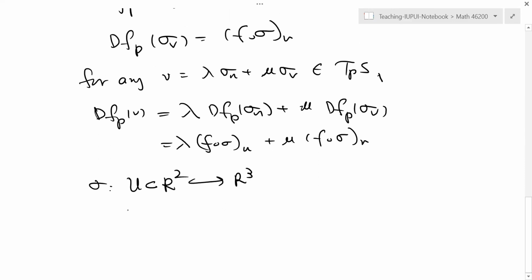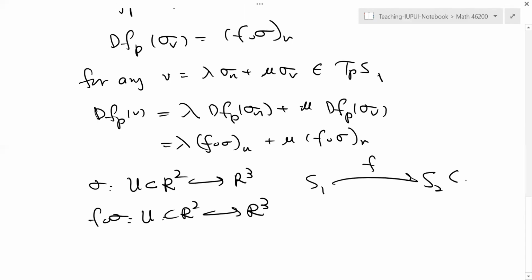And then F circle sigma is also a map into R3, because F is a map from S1 to S2, but both are in R3.